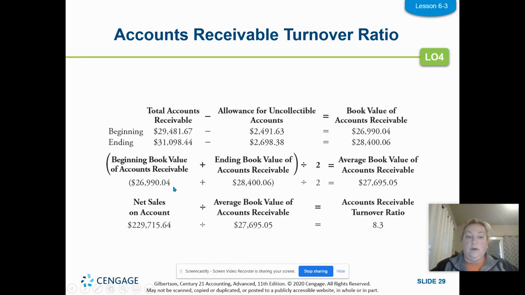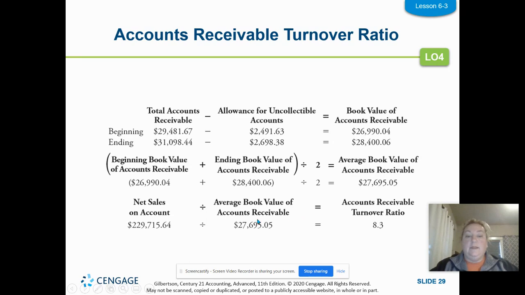So this one, they use the book value of the 26,990. They add it to the ending book value here, and then they divide by 2 to get an average. And then they take the net sales and divide it by the average book value of accounts receivable. And they show that the accounts receivable turnover ratio is 8.3.